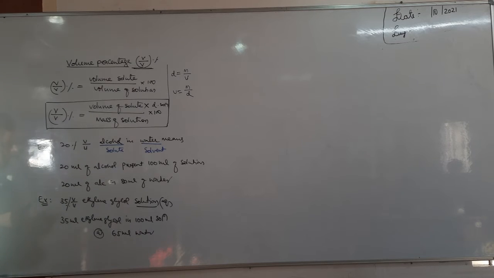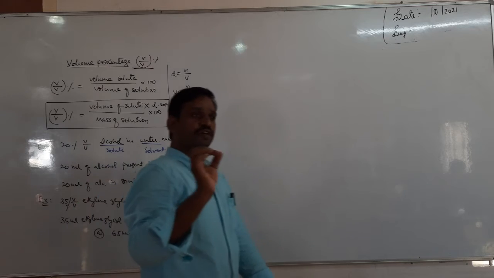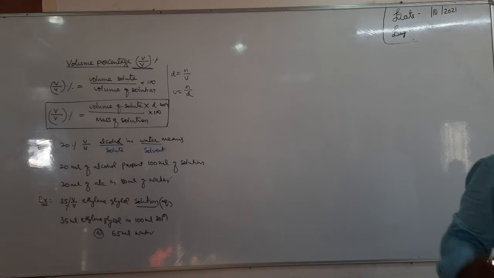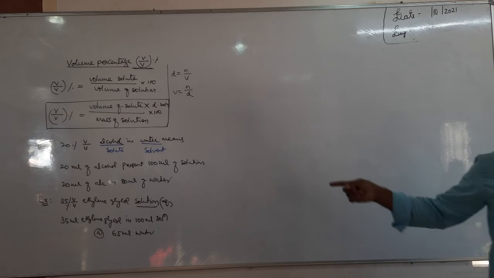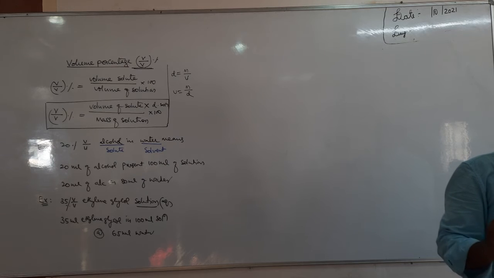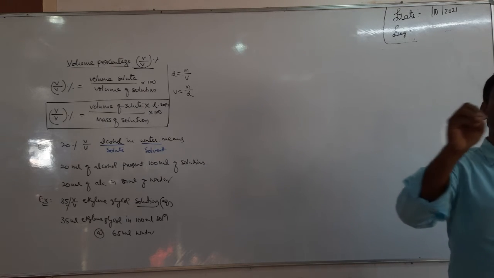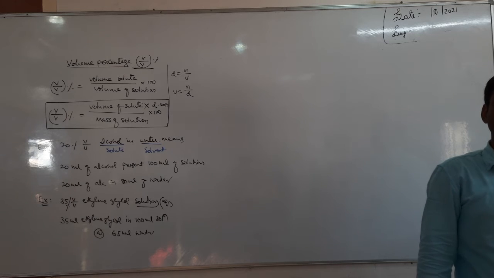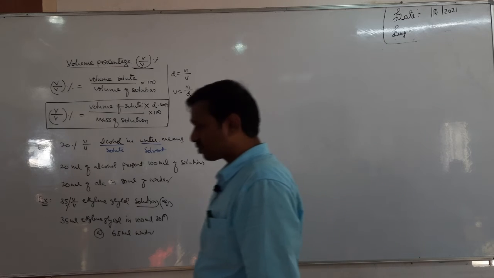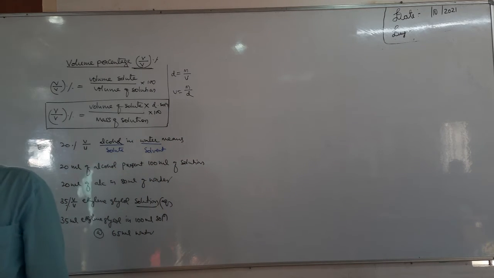Then what is the importance of this 35% V by V ethylene glycol? It is used as an anti-freezing agent in car radiators, which decreases the freezing point of water to minus 17.6 degrees Celsius, particularly in cold countries.